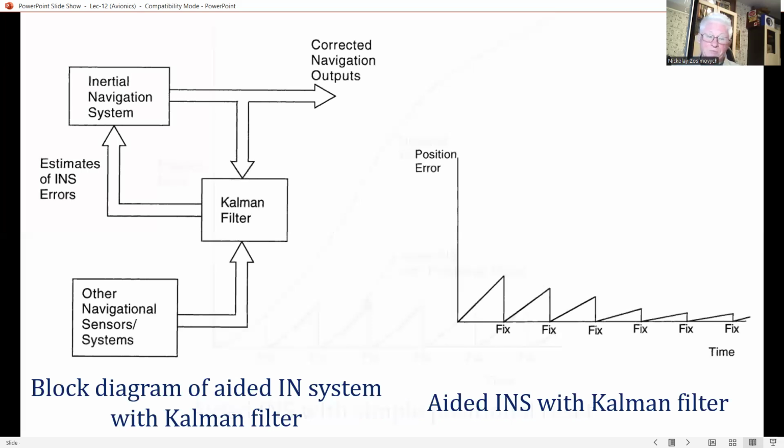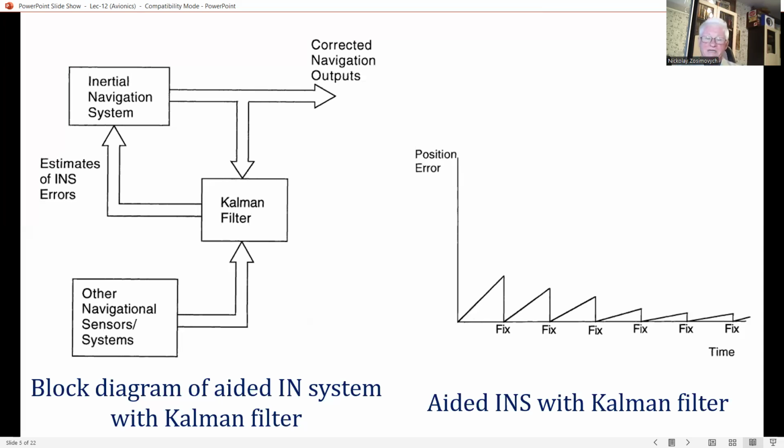Now, suppose the errors present in the INS, such as attitude error, velocity error, gyro drift, or accelerometer error, etc., could be determined from the positional fix information.